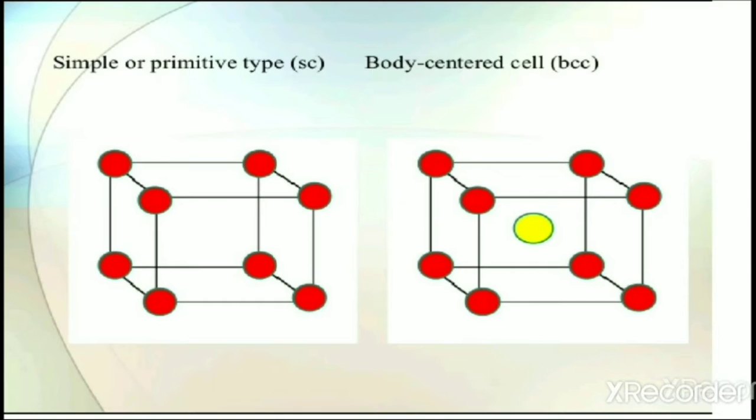In the case of simple or primitive unit cells, all the constituent particles or atoms are at each corner of the cube, meaning the 8 corners of the cube. In the case of the body-centered unit cell, if one constituent particle lies at the center of the body of a unit cell in addition to the 8 particles lying at the 8 corners of the cube, it is called the body-centered unit cell.